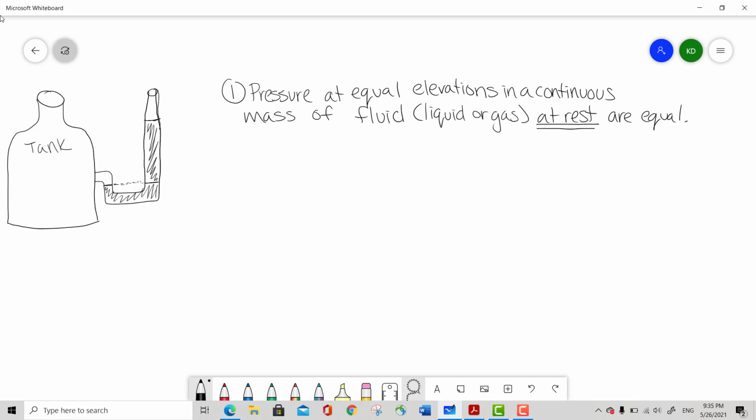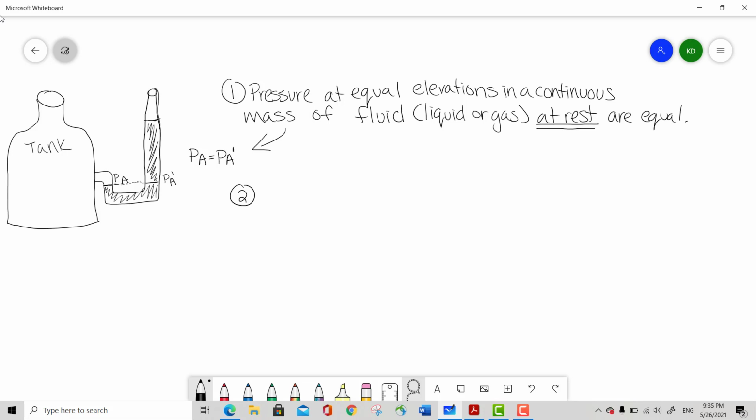So this spot right here is equal, right? And so P_A and P_A prime, these are equal because the system's at rest. So that's what this means right here.